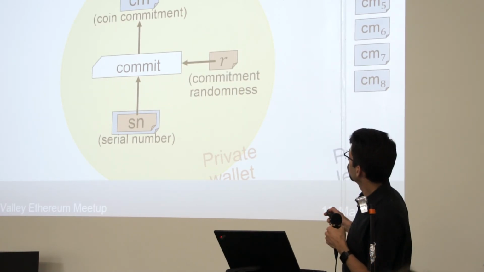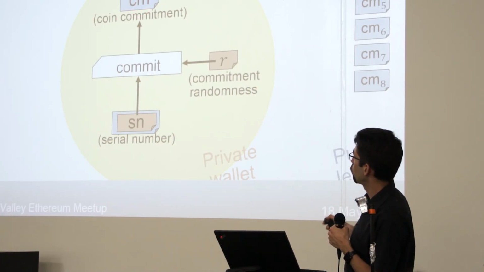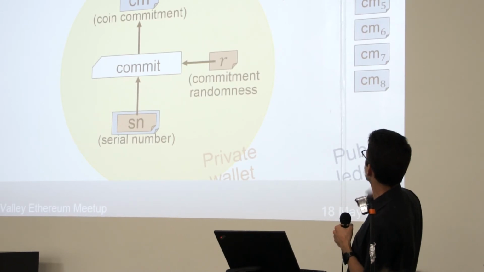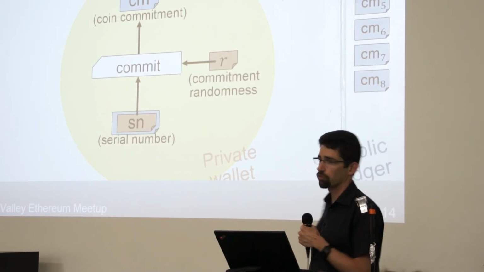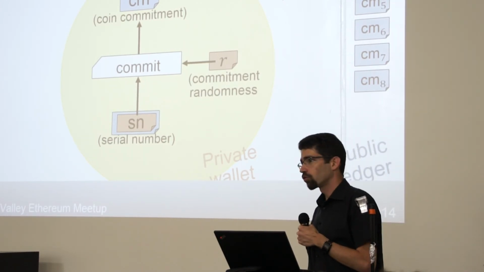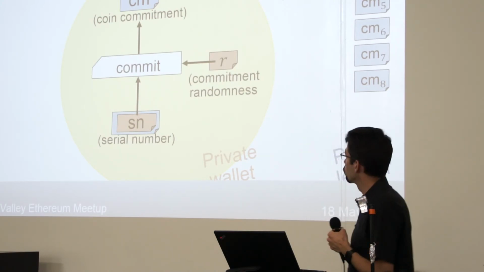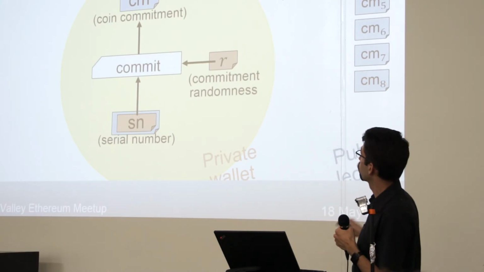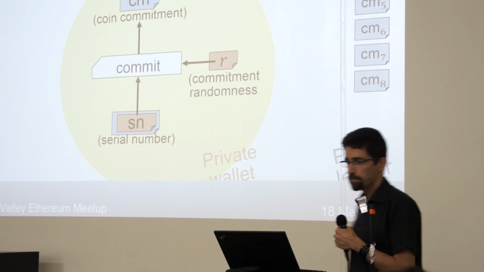And moreover, I show its CM and let everyone check that this CM is indeed in the list of previously published CMs. So that is sufficient to make sure that the only coins that are spent are the ones that were minted.